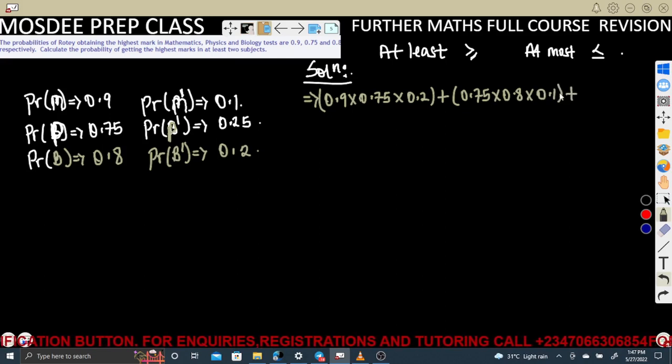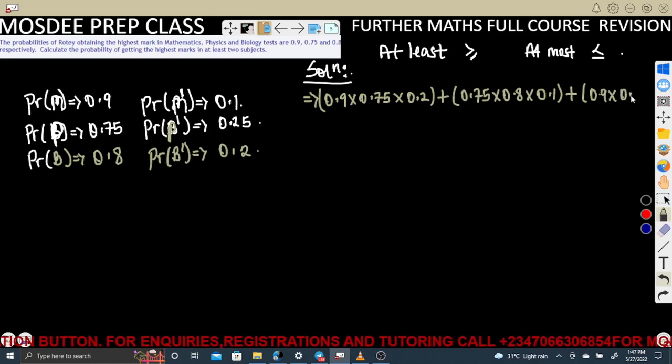And the third way I talked about can be highest in maths, highest in biology: maths is 0.9, biology is 0.8, and not physics is 0.25.